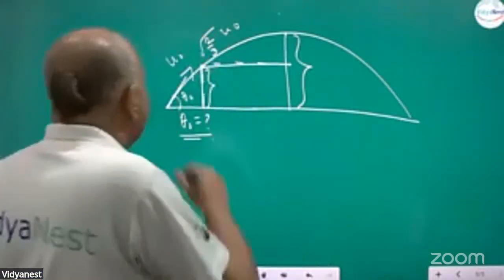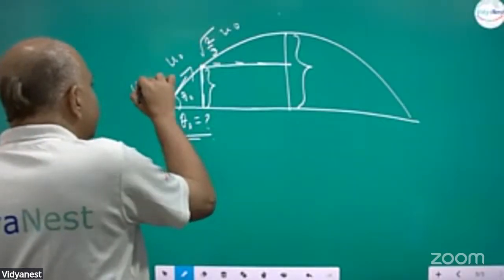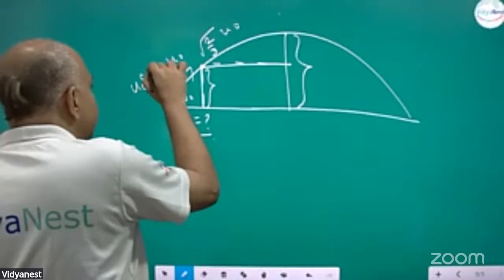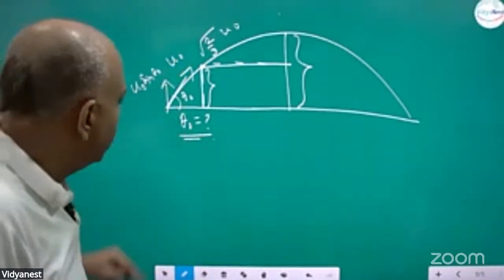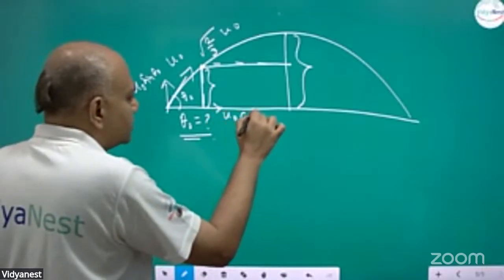Now see, this is the velocity u naught. What is the vertical component? u naught sine theta naught. What is the horizontal component? u naught cos theta naught.